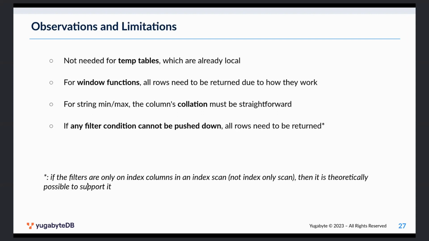Though note that there is a very specific case where you do an index scan, the two-step scan, and for the index filter that we have to evaluate locally, we could possibly still do the pushdown when we do the table scan, but it's not implemented today.